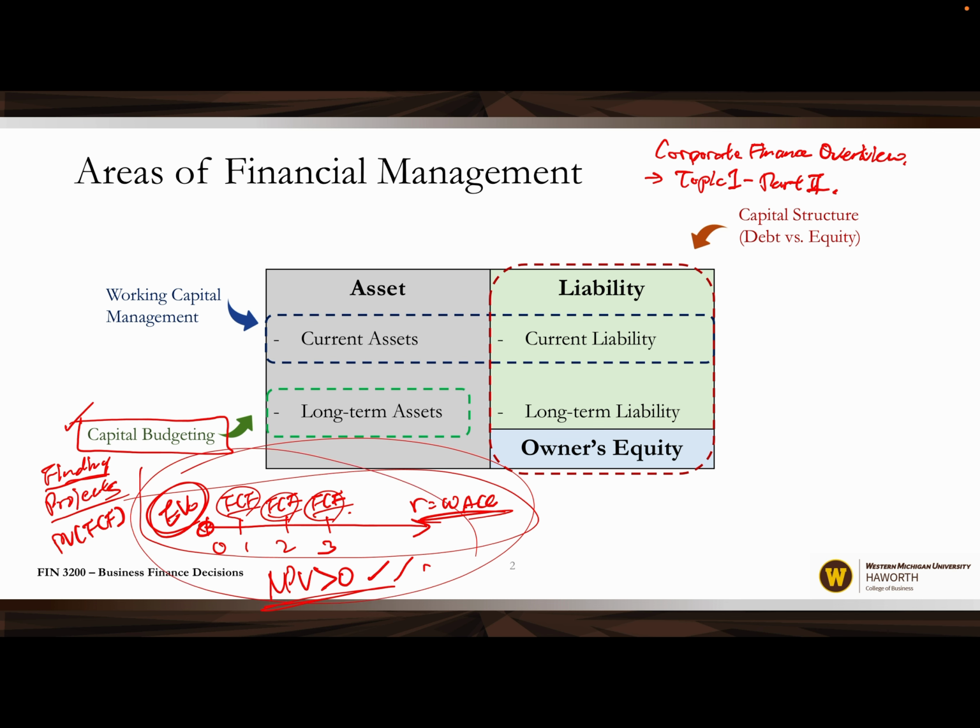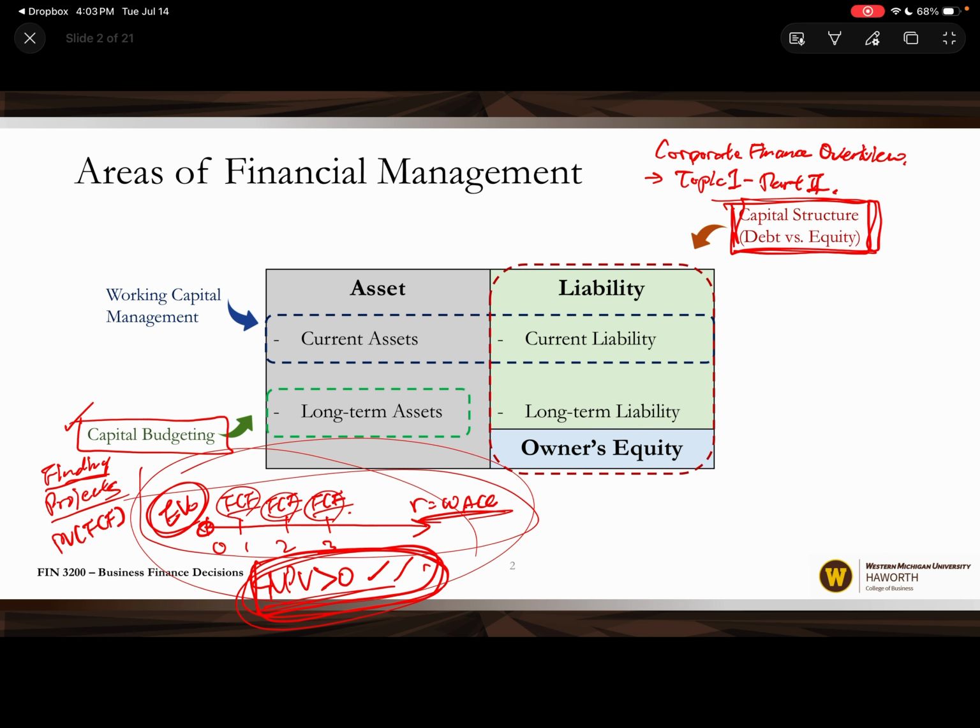Okay, and then in this topic, topic 10, we're going to talk about the capital structure decision. Okay, so now that the project, a good project, is identified right here, now it's your job to figure out, let's say usually we find the enterprise value, but there's usually an investment that's required at time 0, right?